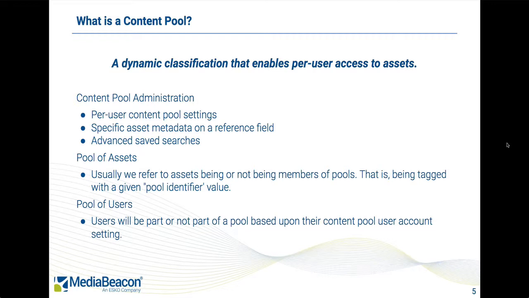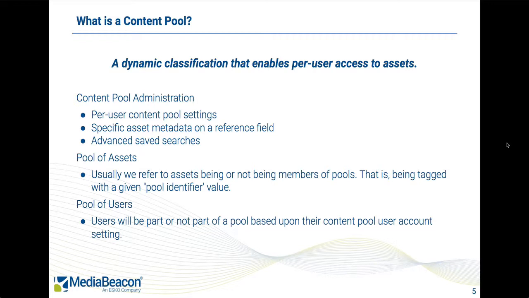From the asset perspective, we can look at a content pool as just a metadata value, and something either is or is not a member of a content pool when it's tagged or has certain metadata written to it. I'll refer to this as the pool identifier value to help keep that clear.